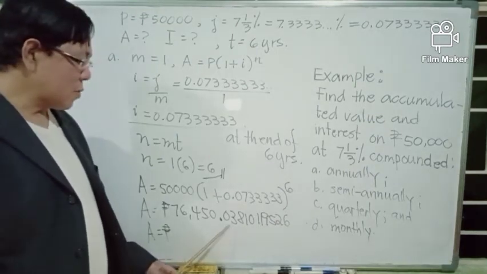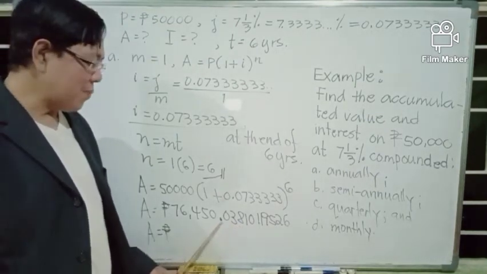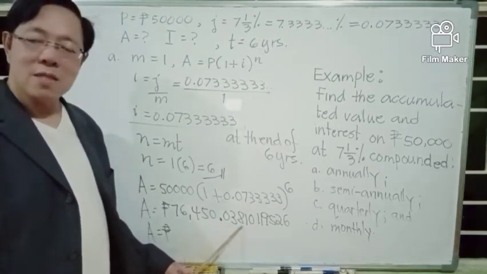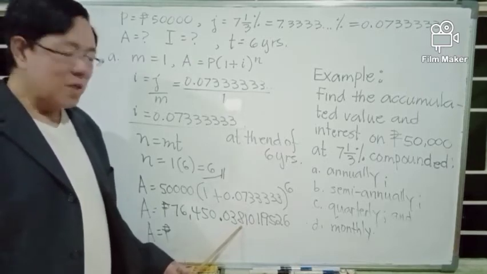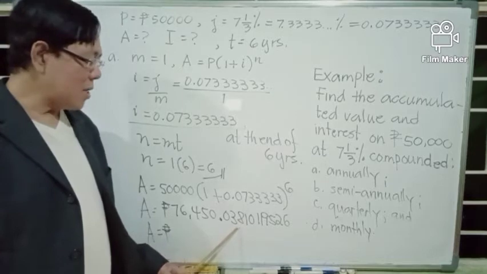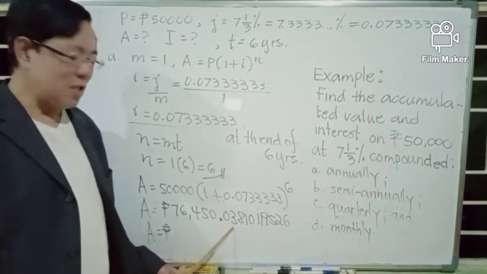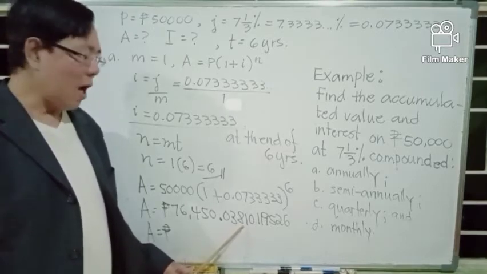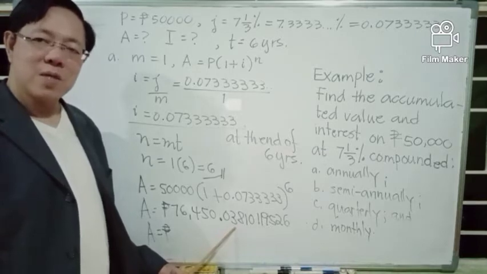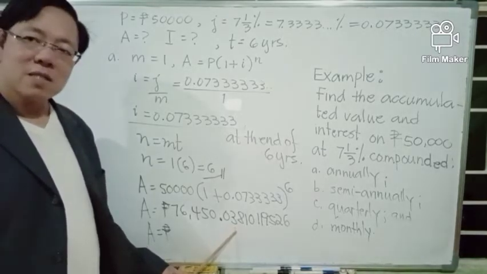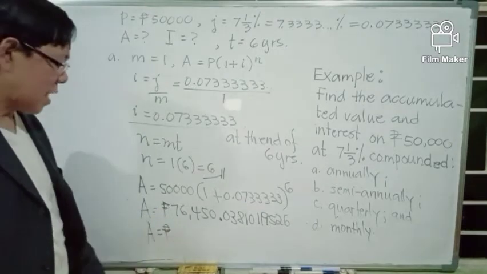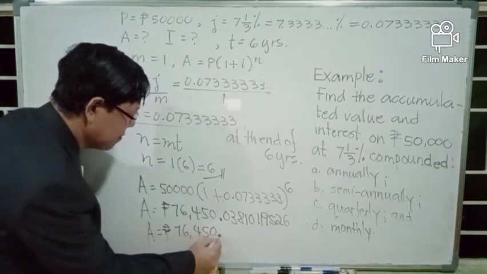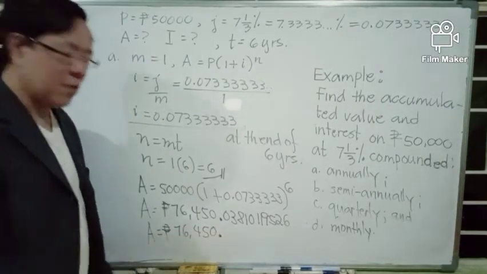From the decimal point, you count 1, 2, 3, and 8 is the number to be rounded off. If the number to be rounded off is 5 or more than 5, we add 1 to the preceding digit. That is the digit that comes before the number to be rounded off. Since 8 is more than 5, we add 1 to the preceding digit 3, and 3 plus 1 is 4. Thus, the final answer for accumulated value is 76,450.04.